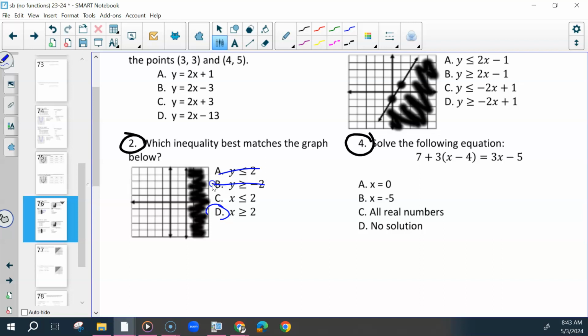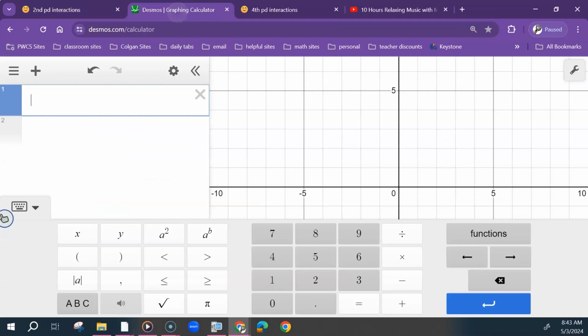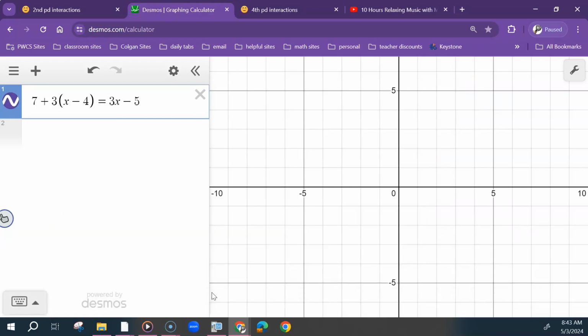For number 4, you can put this into Desmos by putting in both sides. And when I do that, nothing happens. So I know this has to be either infinitely many solutions or no solution, because there's not a line at 0 and there's not a line at -5.